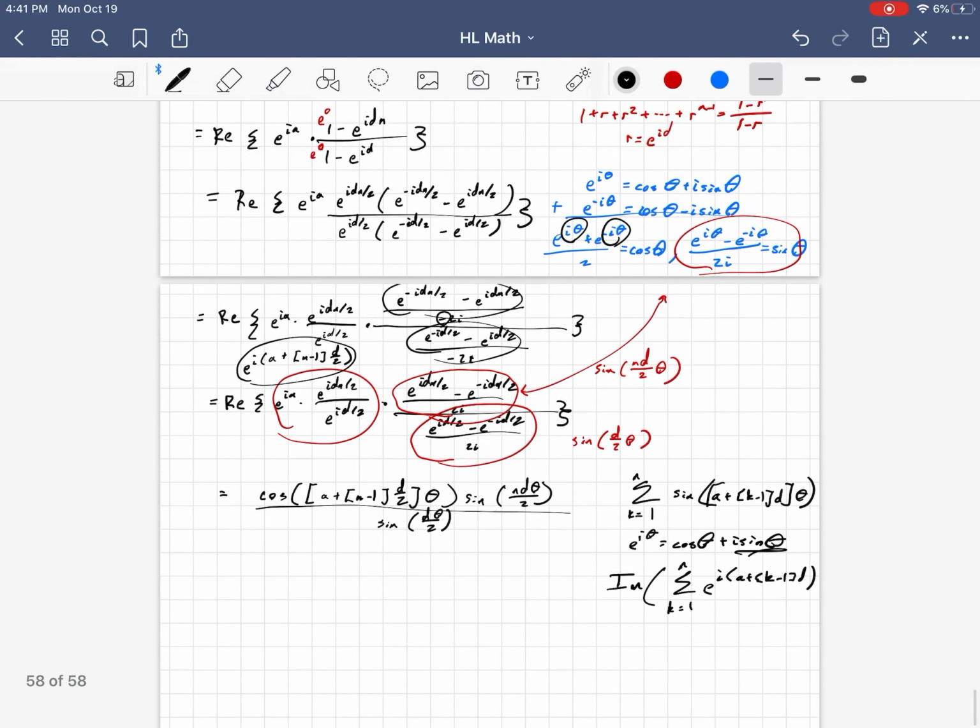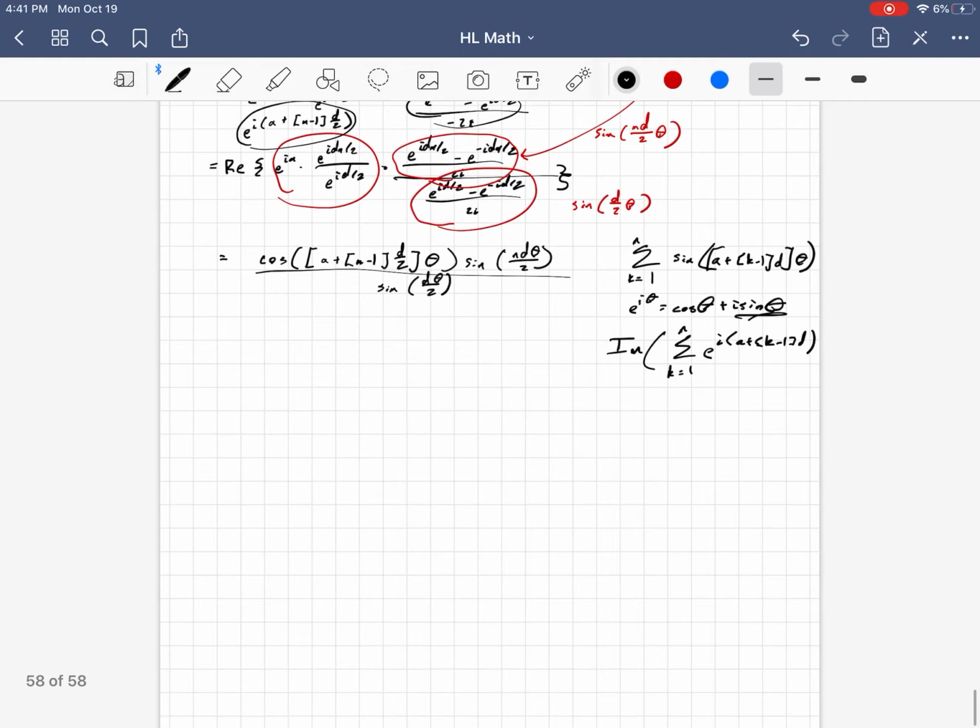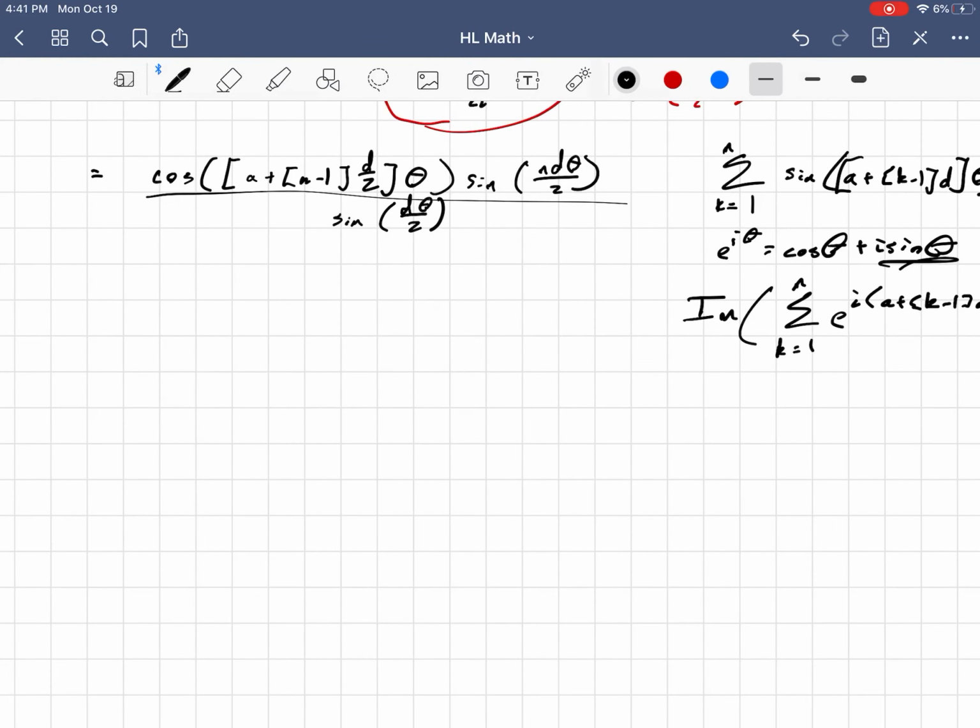So now our particular sum that we were interested in was cosine of 2 theta plus cosine of 4 theta plus and so on, plus cosine of 2n theta. Namely, this is the case in the formula above that we derived where a is equal to d is equal to 2.